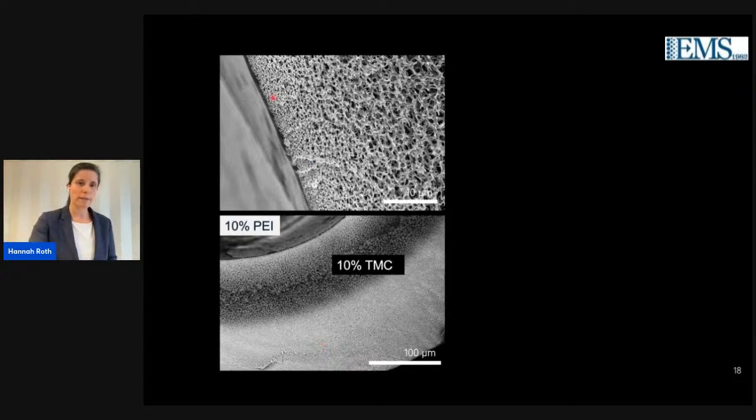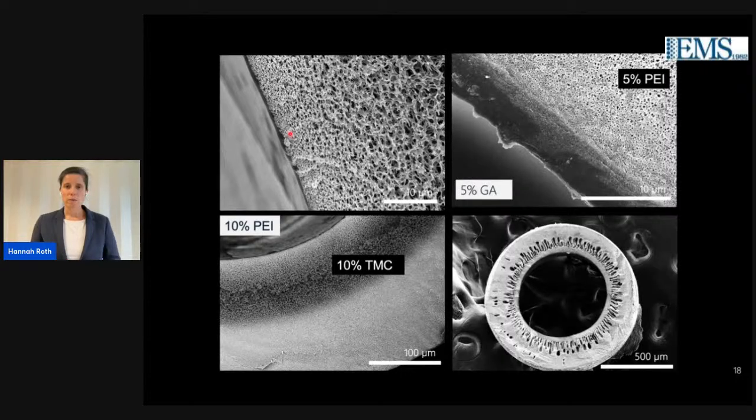And you can also see that it is well integrated into the structure, which sometimes when you post-modify a surface can be an issue, that you have delamination there. And also the other system creates a cross-linked layer. And you can even see this better when we redissolve the porous support where no cross-linking reaction has happened.